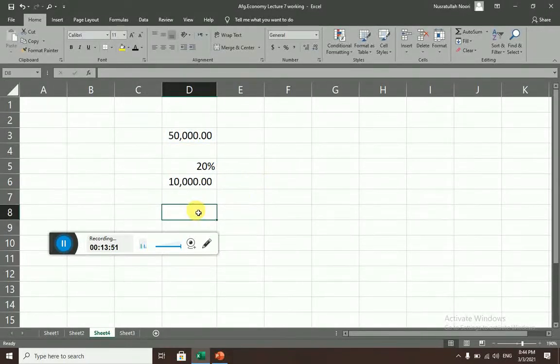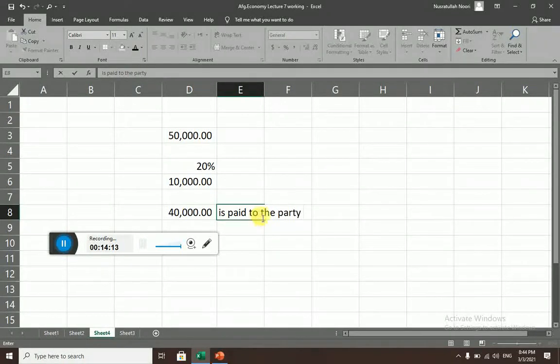Now what we'll do, we will deduct this 10,000 from the 50,000, which is 40,000. Now this 40,000 is paid to the party, right?